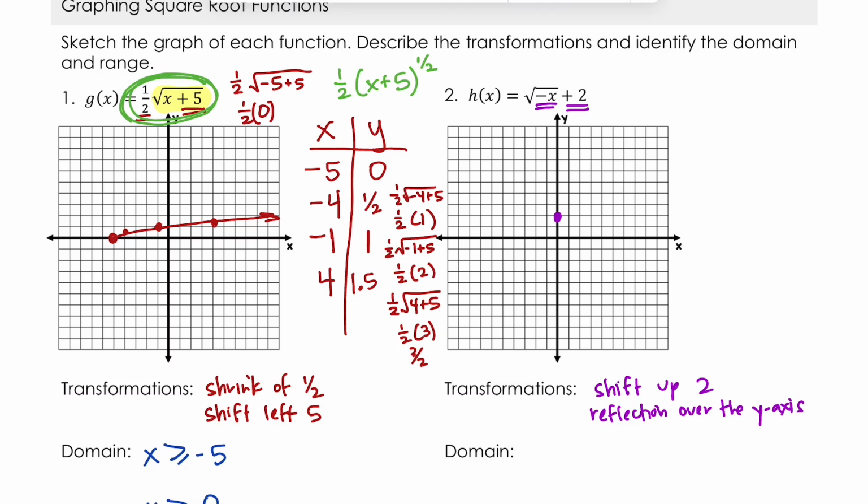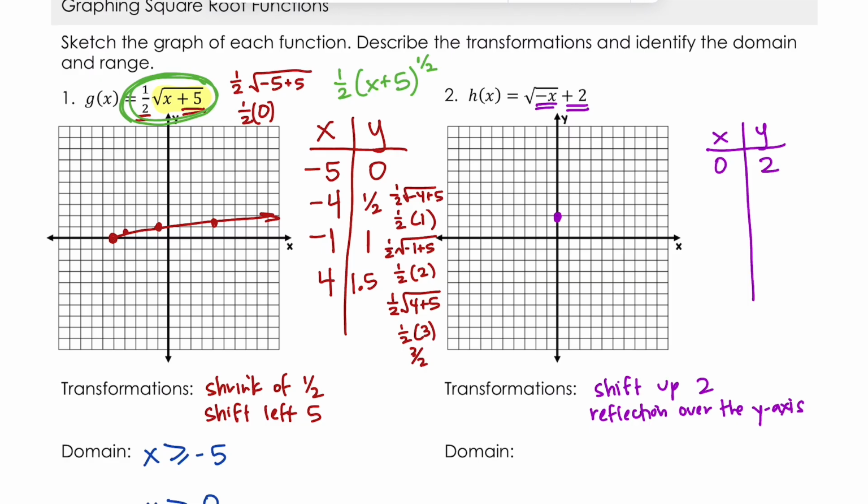Okay? So our starting point is this point 0, comma 2, because I've moved up 2, 0, and then up 2. But our graph is going to be going kind of this way. We're going to find the actual points, but that's what we're looking at. So when I'm choosing numbers to take the square root of, like if I take the square root of 0, if I plug in 0 for x, I do get square root of 0 is 0 plus 2. Well, that's 2. Okay. If I plug in positive numbers, positive 1, then I'll be taking the square root of like -1 because there's a negative x in there.